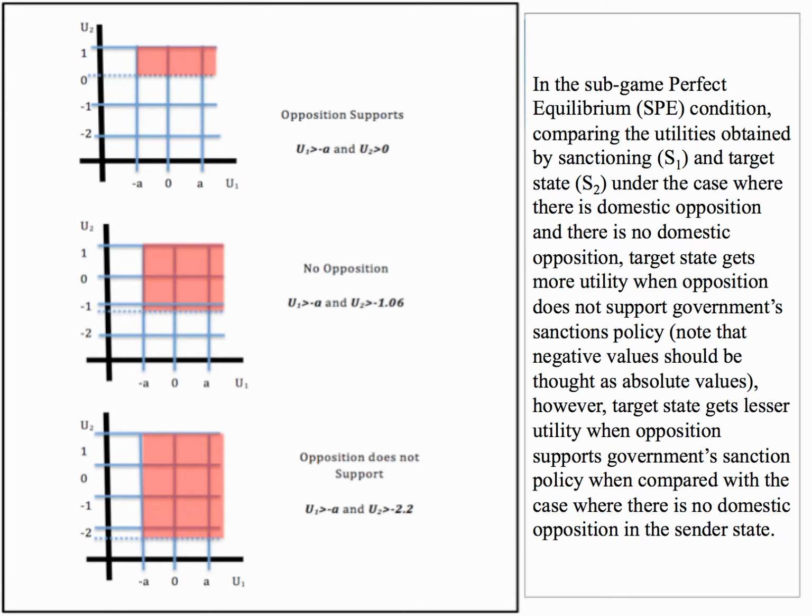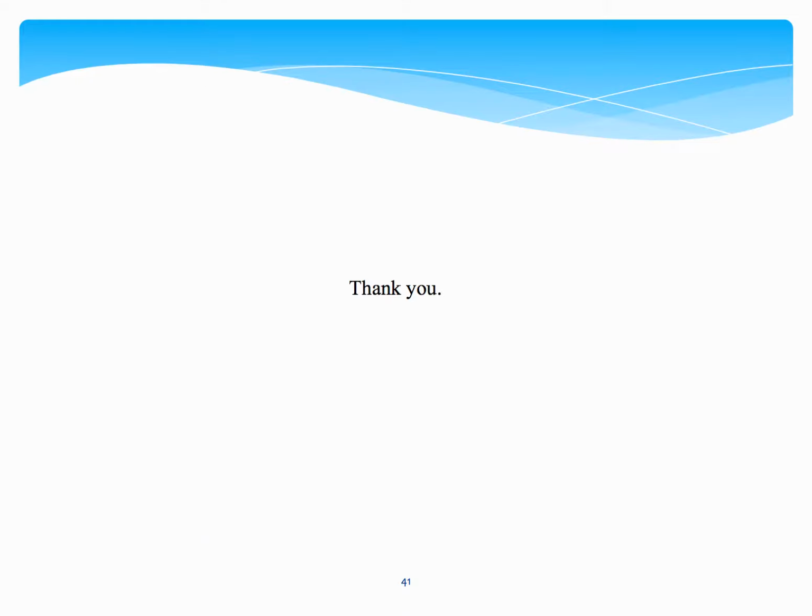So this shows that when the government has a support from opposition, sanctions are more effective. Thank you.